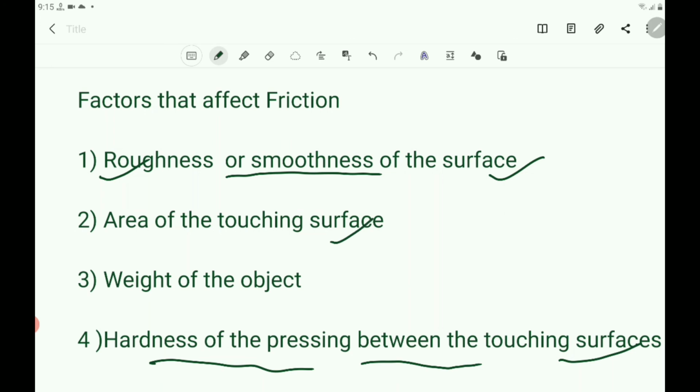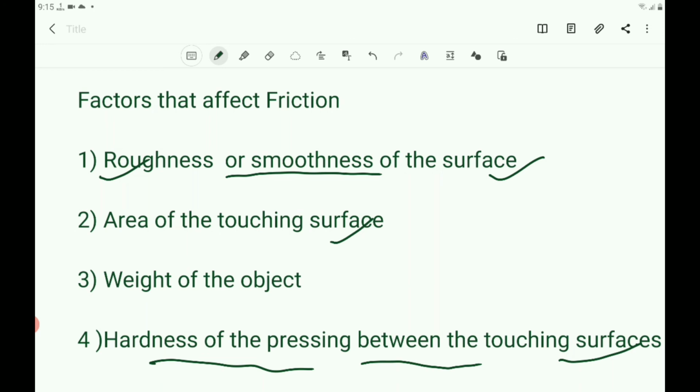Increasing the area of surfaces that are touching also increases the friction between them.